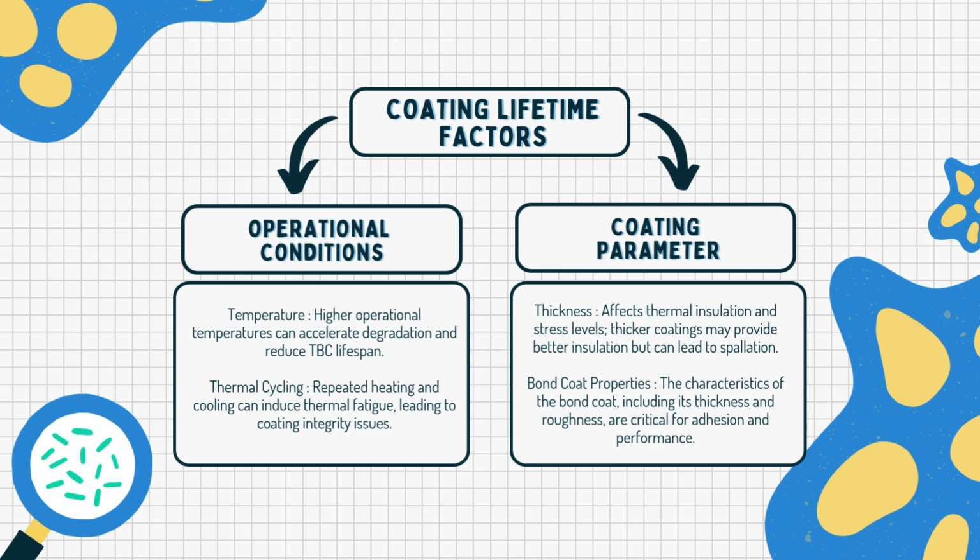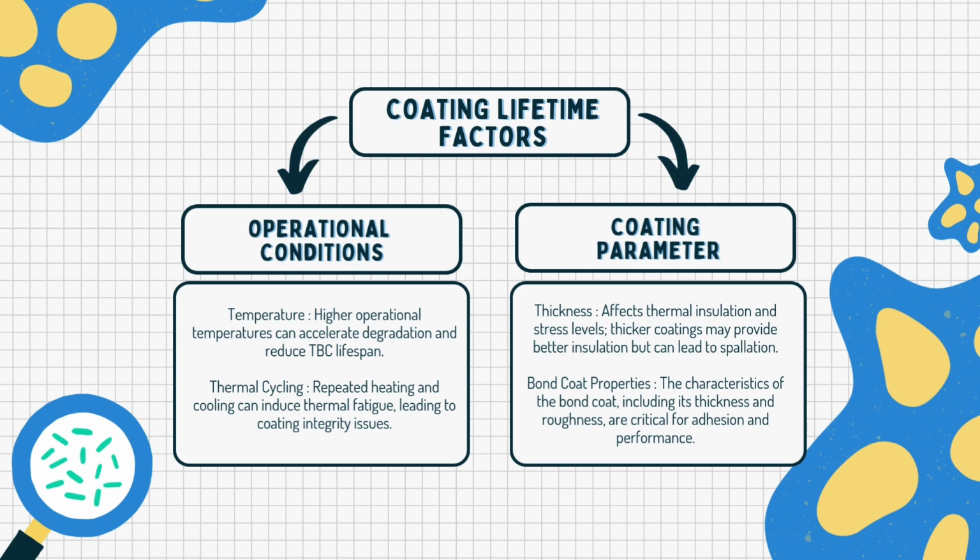Coating lifetime factors of TBC are of two types: operational condition and coating parameter. In operational condition, in terms of temperature, higher operational temperature can accelerate degradation and reduce TBC lifespan. While thermal cycling, repeated heating and cooling, can induce thermal fatigue, leading to coating integrity issues.